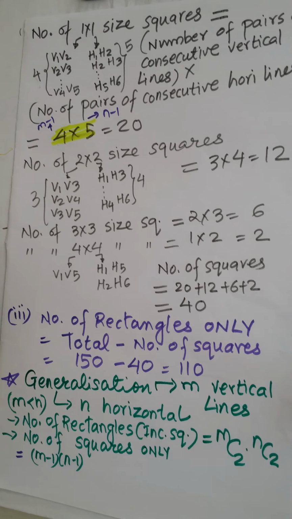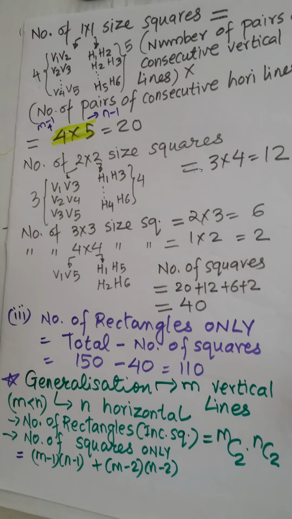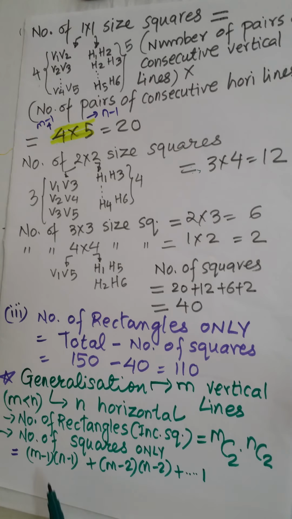Now after that we did 3 into 4 equals 12, which is 1 less each. So the next is m minus 2, n minus 2, till we get 1. So finally m minus 1, m minus 2, this becomes 1, but the other won't become 1, because n is greater than m.